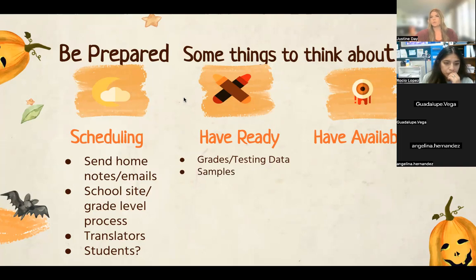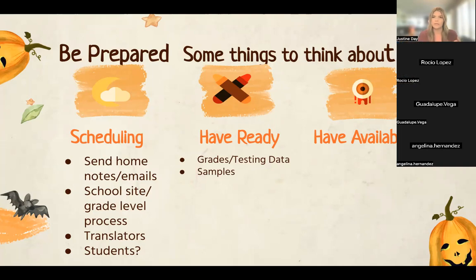Sample work. I like to have a sample of the most recent math assessment, reading assessment, and writing piece. It doesn't necessarily have to be a writing assessment, but a writing piece. I also like to include a student, blocking out their name, who is at grade level in each of those things.